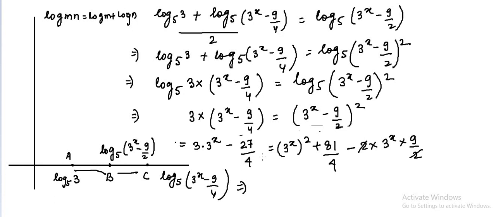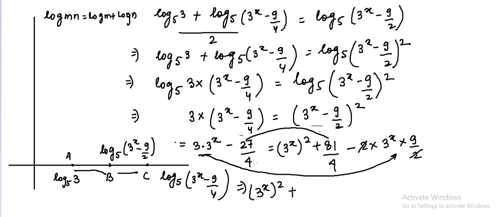Now bring everything to the right hand side and equate the equation to 0. So when you do this, this term and this term will get together, and this term to this term will get together, and let's see how it will proceed. So this will give you (3^x) whole square plus, when you add this term, this is going to be, I guess, 108 by 4.